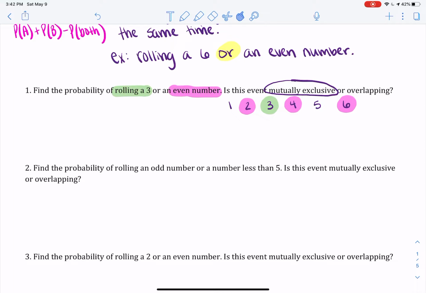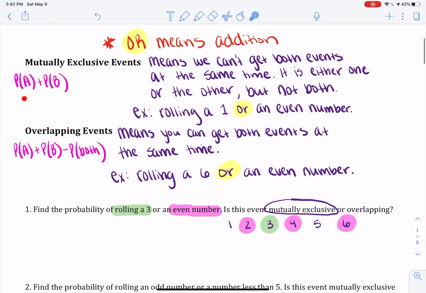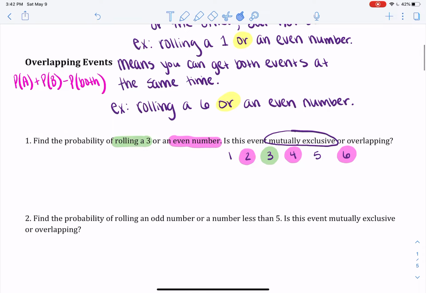And when it's mutually exclusive, you just add together your two probabilities. So we could write it out and say, okay, well, the probability of rolling a 3 plus the probability of an even number. So the probability we roll a 3, well, that's just one time. That's right there. So that's a 1 out of 6 chance.